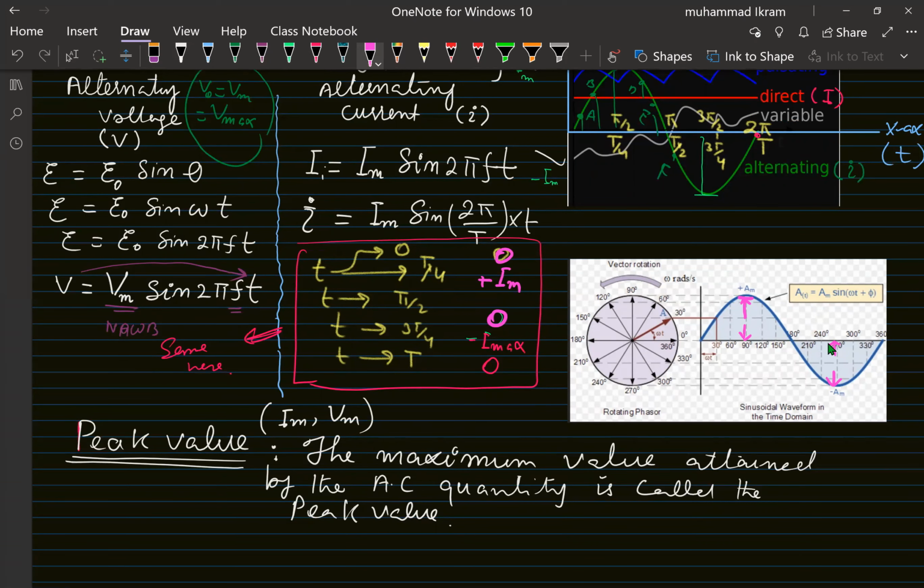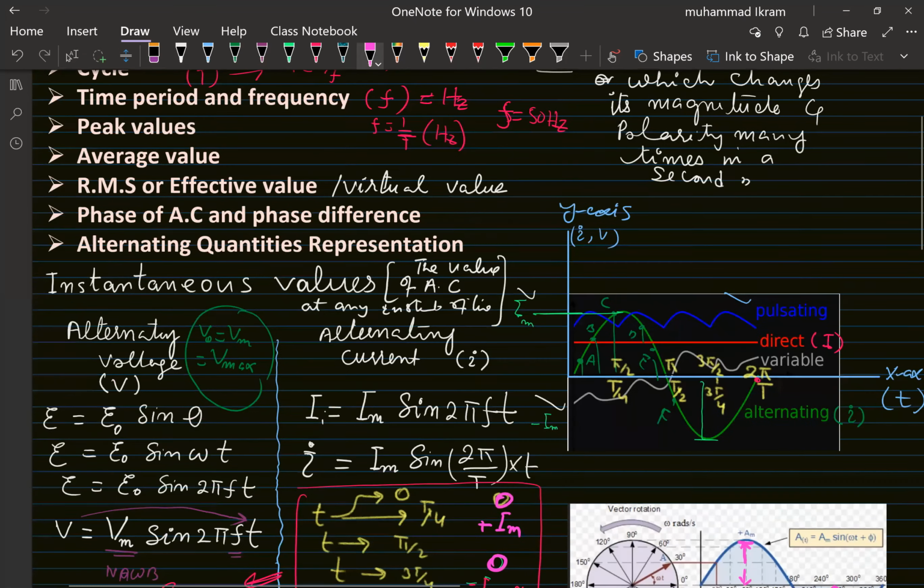The difference is that in the positive half cycle the current flows in one direction from 0 to T by 2, and in the negative half cycle the current flows completely in the opposite direction from T by 2 to T. You must remember this. The peak to peak value is from one peak to another, but that is least important here.